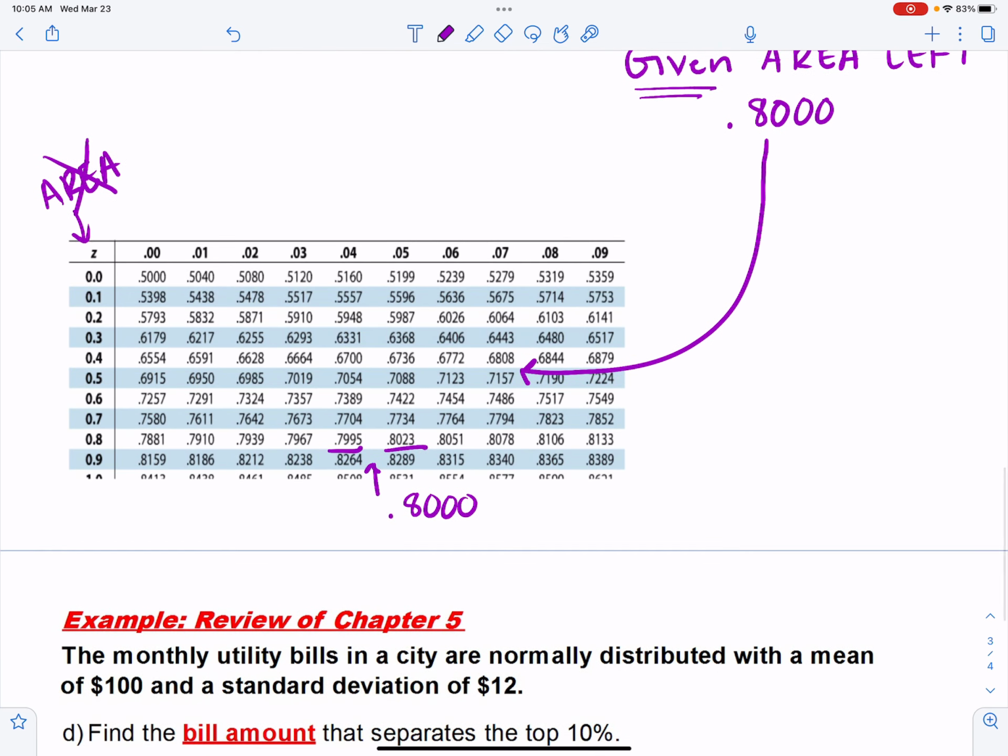So in that case I pick the area that gets closest to what I'm looking for. And 0.7995 is a little bit closer to 0.8 than 0.8023.